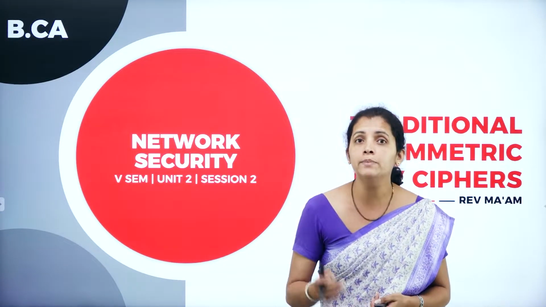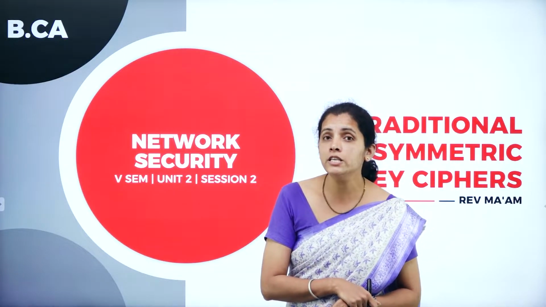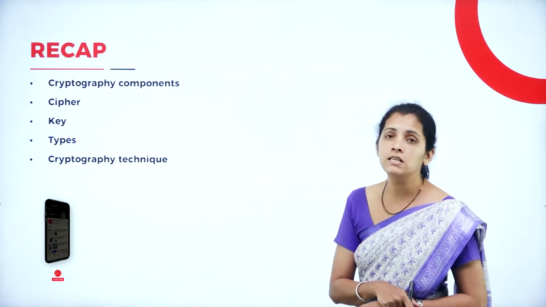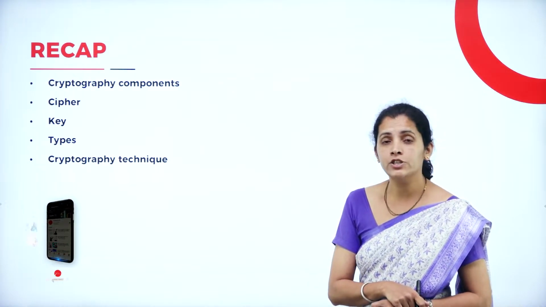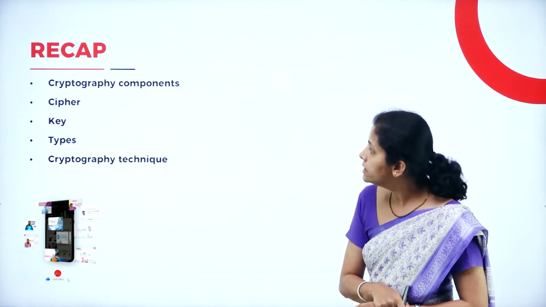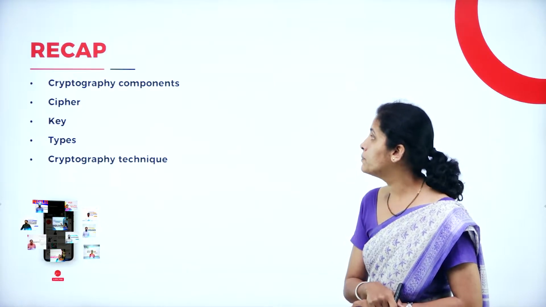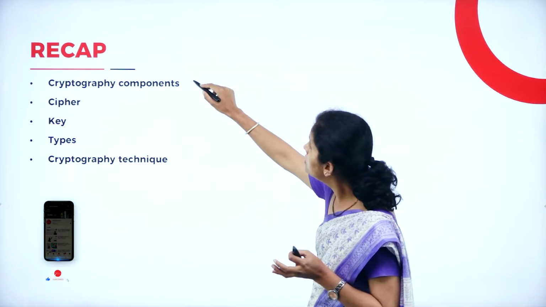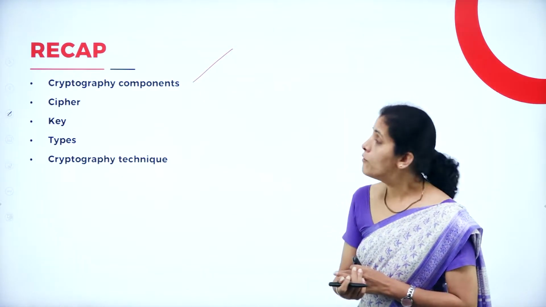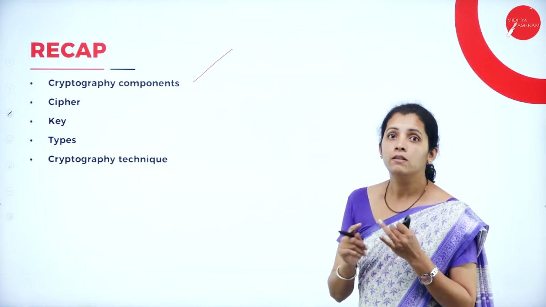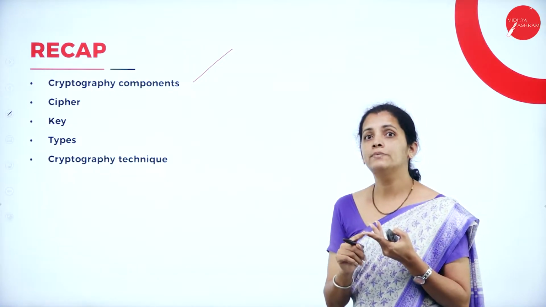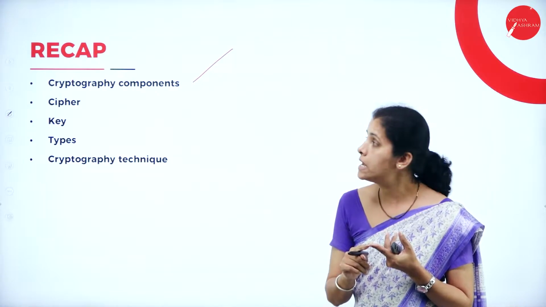So dear students, before starting today's session, let me recall what I discussed in my last session of this unit. There I started with cryptographic components. I discussed the 5 types of components: plain text, ciphertext, encryption algorithm, decryption algorithm, along with the key.